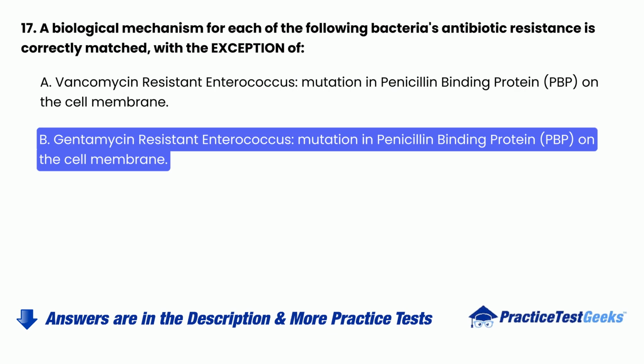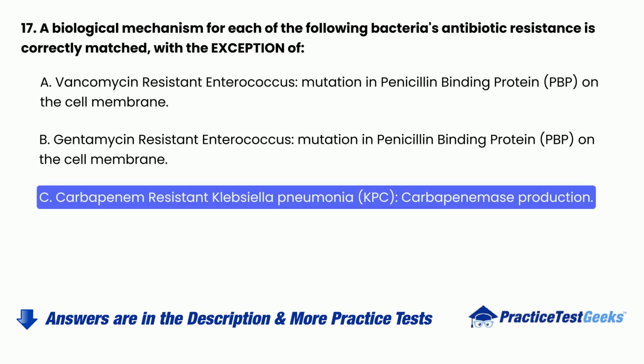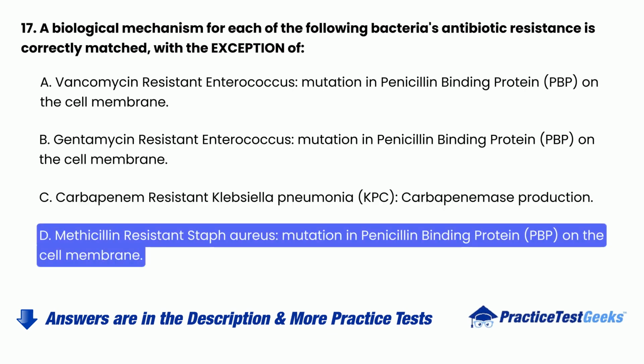B. Gentamicin-resistant Enterococcus, mutation in penicillin-binding protein, PBP on the cell membrane. C. Carbapenem-resistant Klebsiella pneumoniae, KPC, carbapenemase production. D. Methicillin-resistant Staph aureus, mutation in penicillin-binding protein, PBP on the cell membrane.